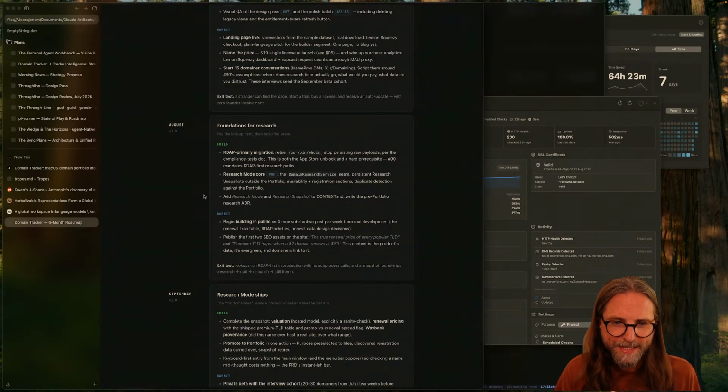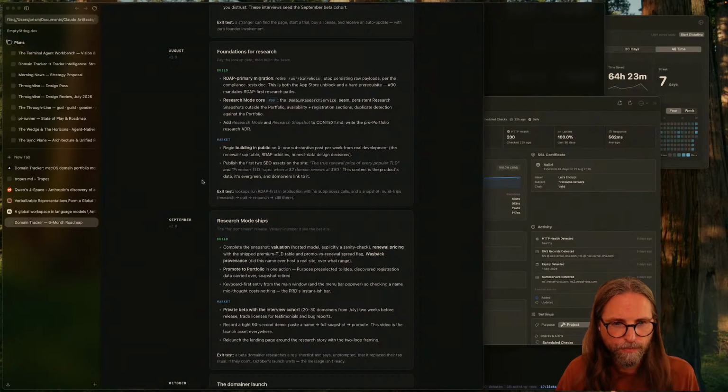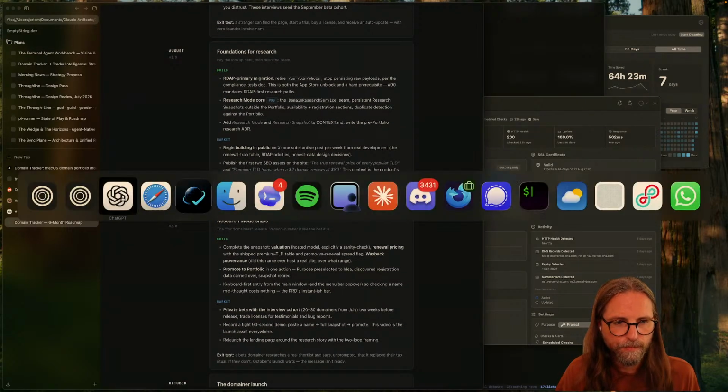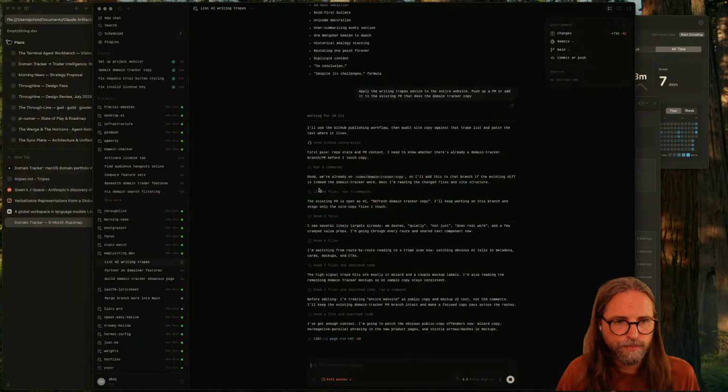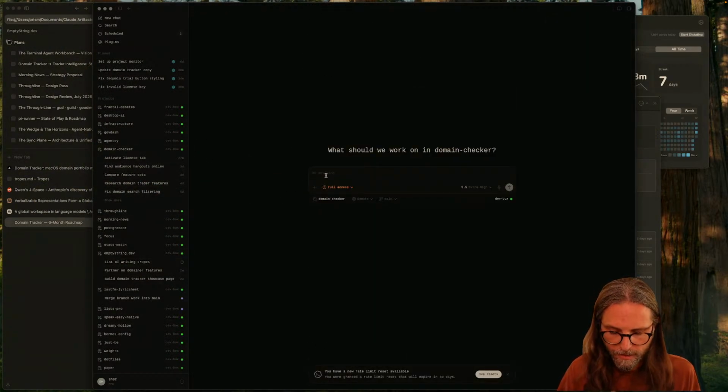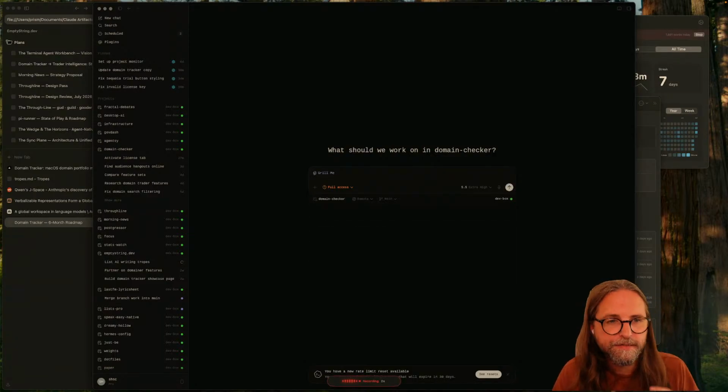Research mode and research snapshot. Let's pocock it. We've created some documentation for a roadmap here.